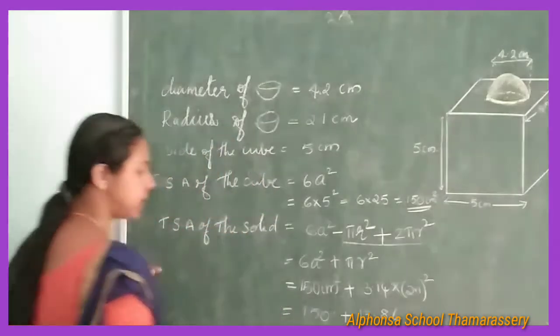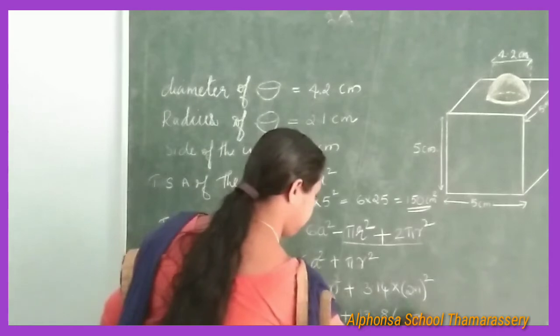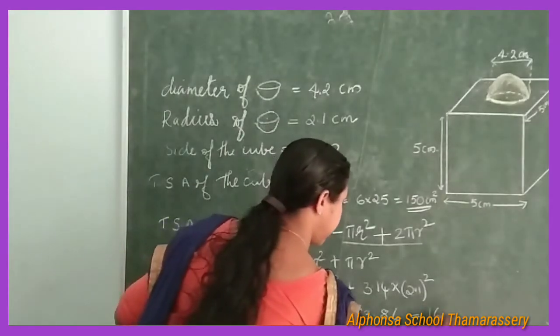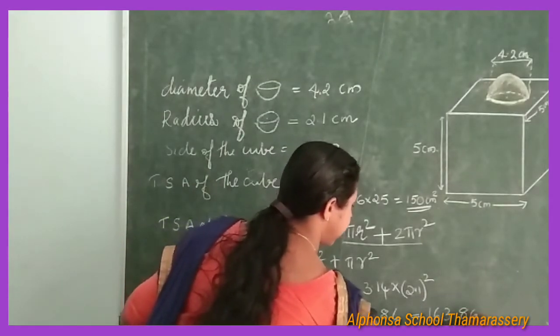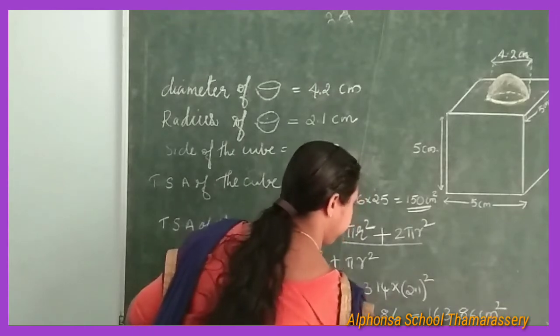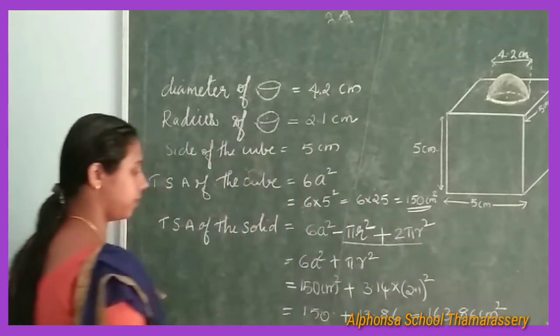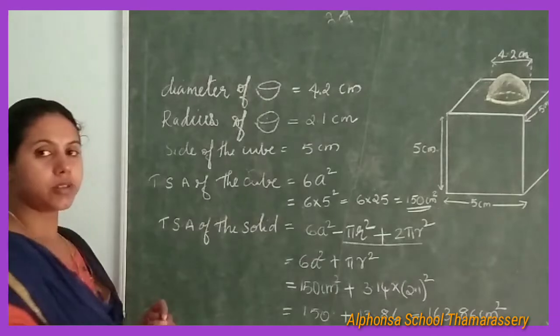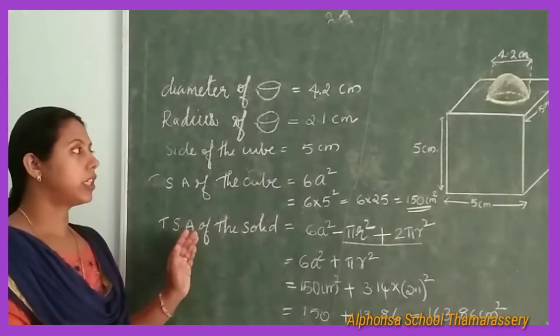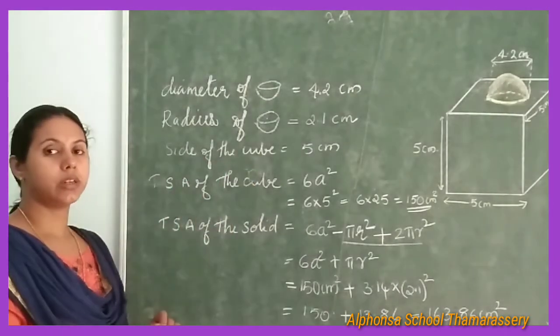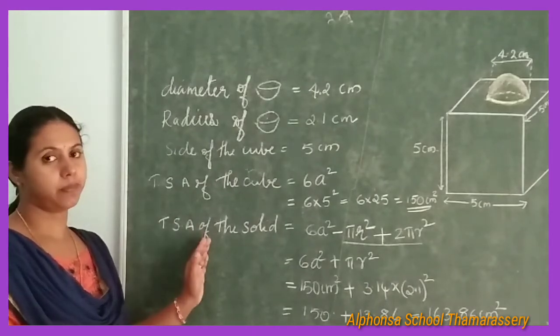So 150 plus 13.86 equal to 163.86 centimeter square. So we got the total surface area of this solid.